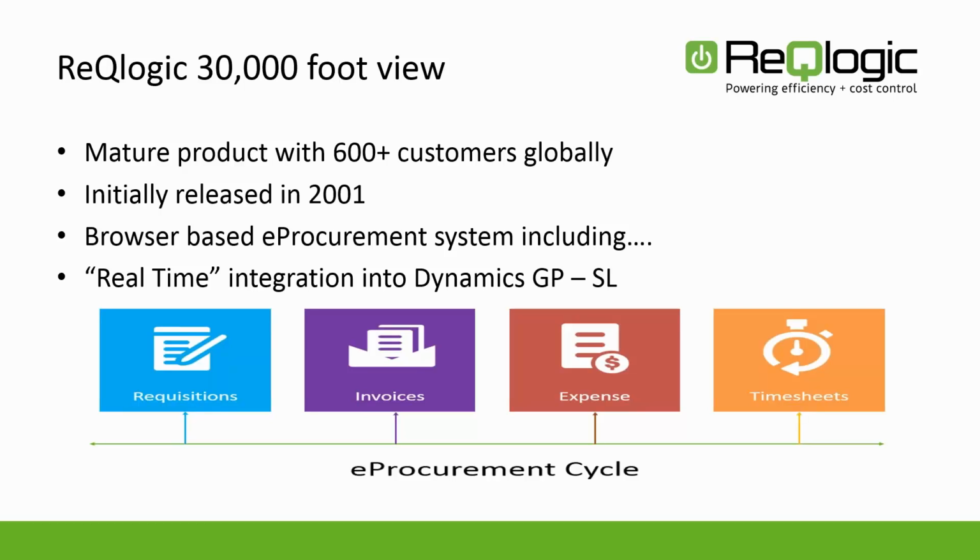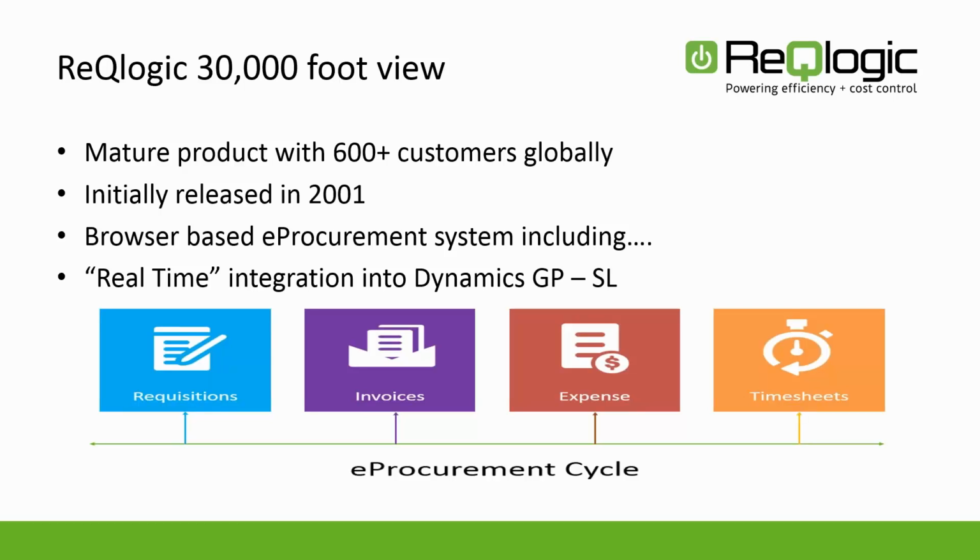That would be your chart of accounts, your vendor, your inventory items if applicable, and so on. And when the purchase order is actually created at the end of the process, it is automatically written into your Dynamics GP system.